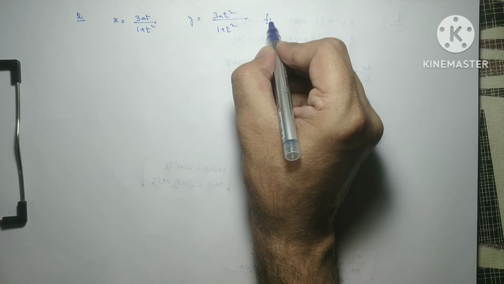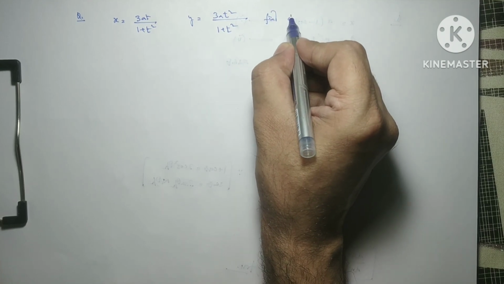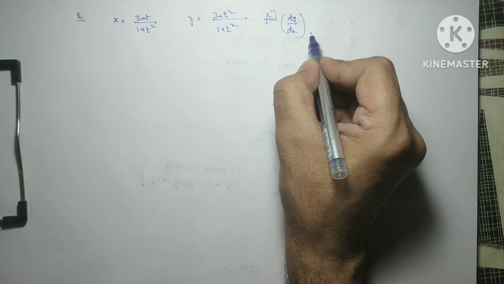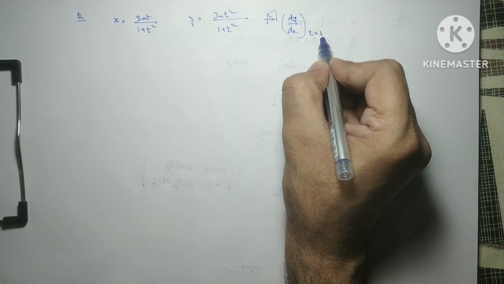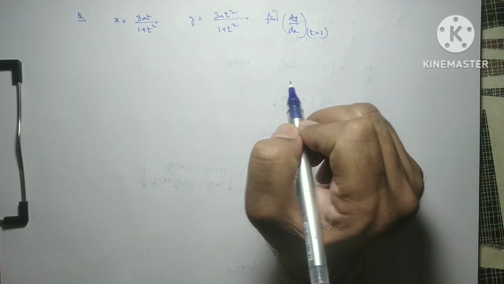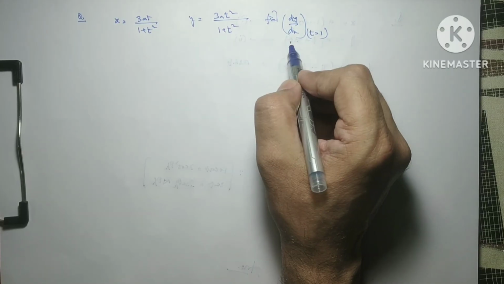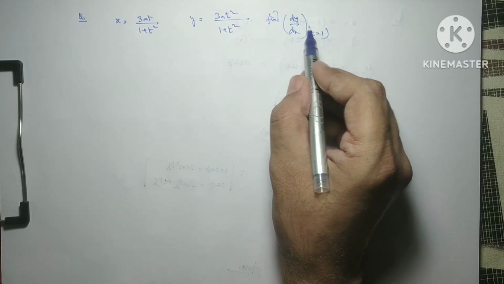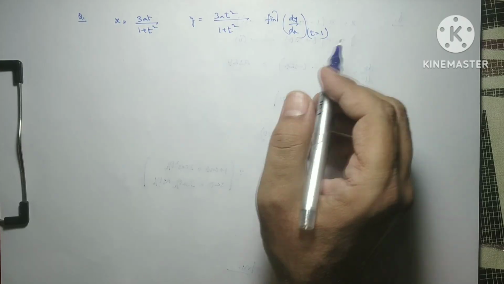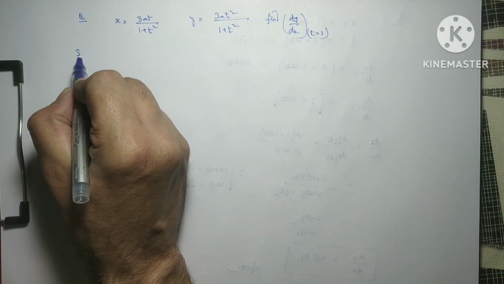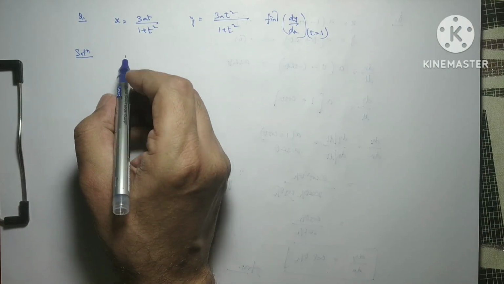Find out the value of dy over dx at t equals 1. So first you will find dy over dx, and after that you will put this value of t into that expression in terms of t. In the same manner, first you will differentiate x.